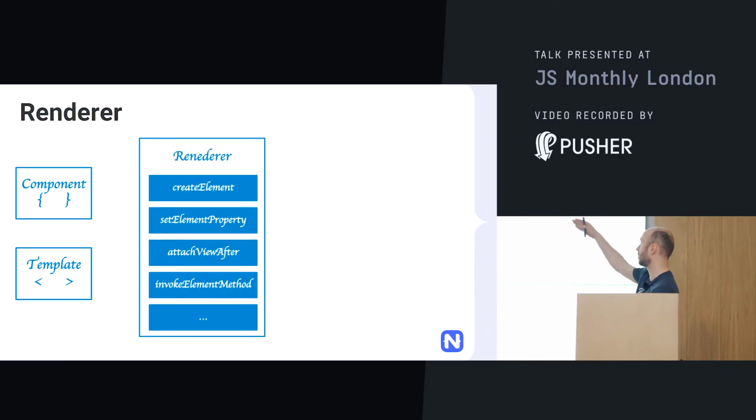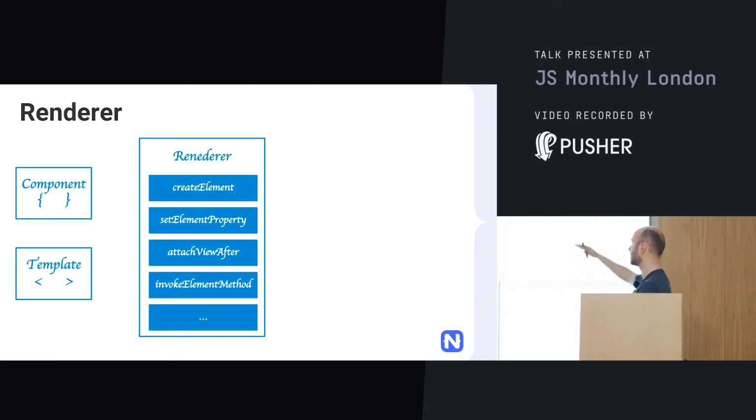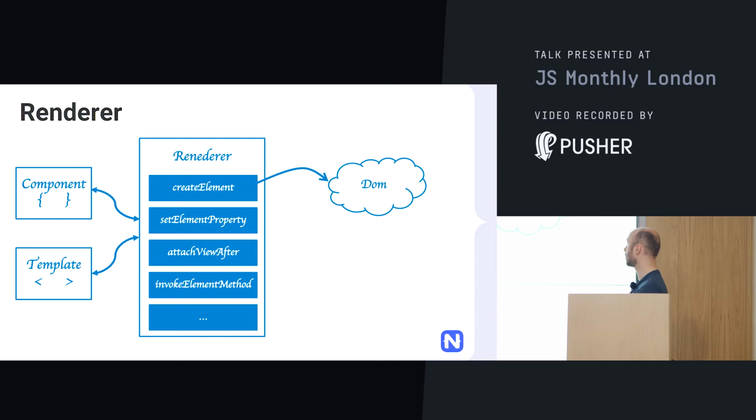We have our component, our template, and the renderer has a set of functions. This is not the full list, but there's a bunch of them. The template and component are connected with each other implicitly, and they talk to the renderer. In the case of, let's say, we want to create an element, Angular will hide this away from us or take care of it for us.